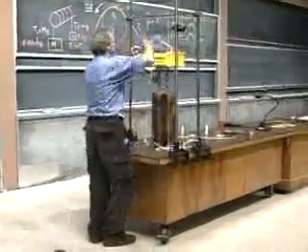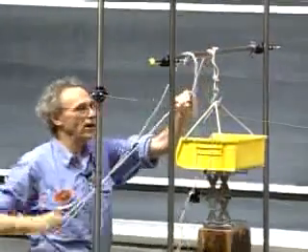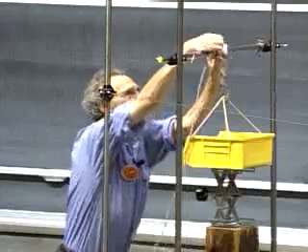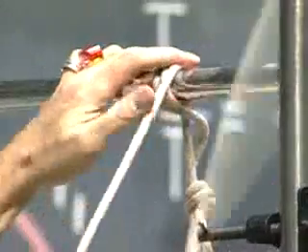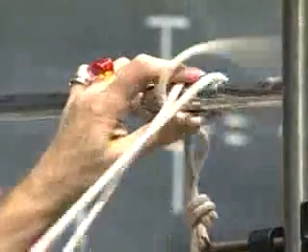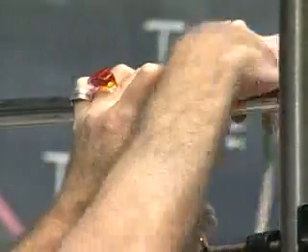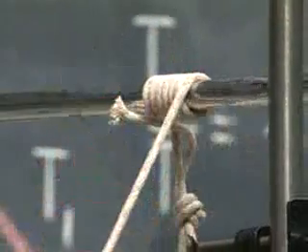And now I'm going to wrap this around this bar, which is your bar. The radius doesn't matter. And why don't we start with 6 rotations? 1, 2, 3, oh my goodness, 4, 5, 6.